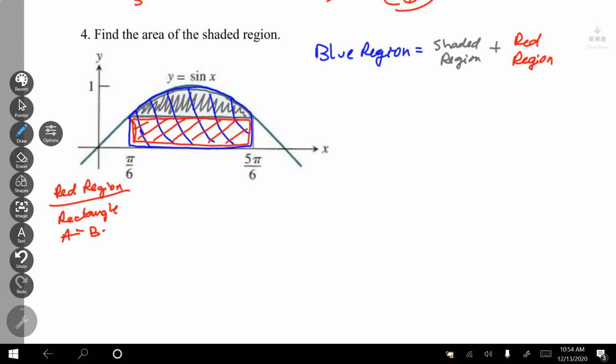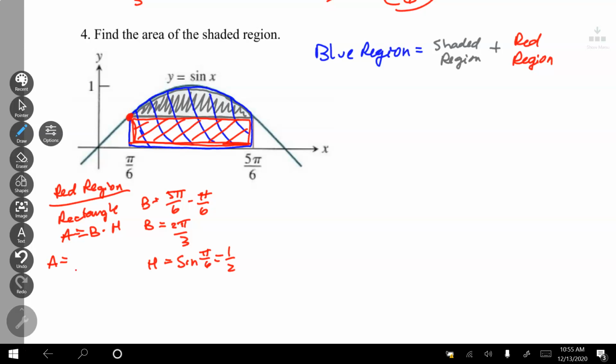Area equals base times height. And this base is this length here. The base is 5 pi over 6 minus pi over 6, which is 4 pi over 6. So my base is equal to 2 pi over 3, and my height is this value right here, is equal to sine of pi over 6, which was equal to a half.